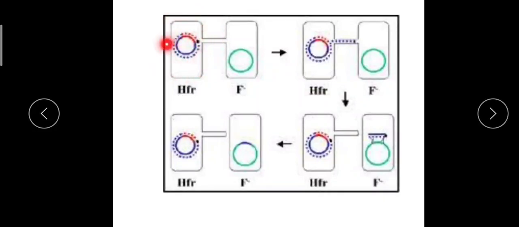See, this is an Hfr cell and an F negative cell, and then what happens? It starts replication, and the replication is rolling circle, and through the conjugation tube the replicated portion moves to the F negative cell.